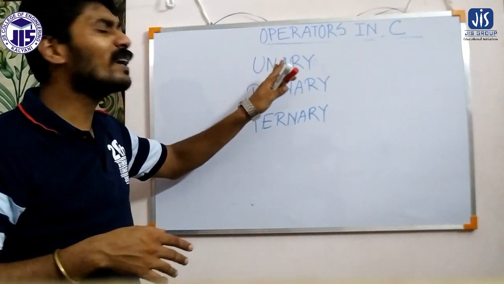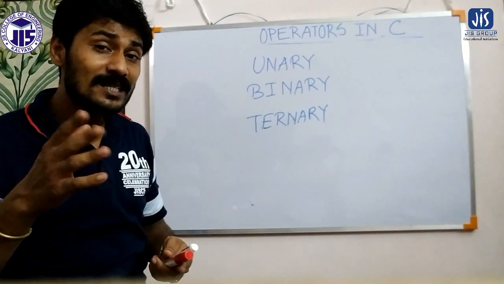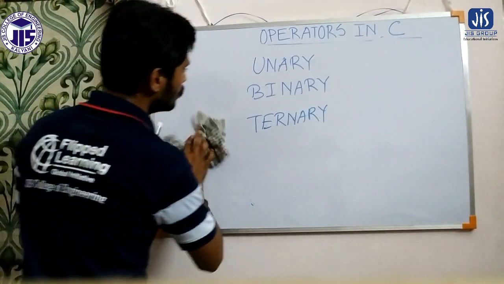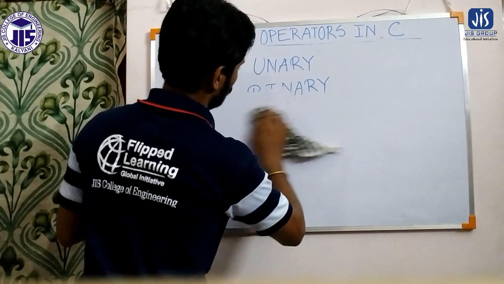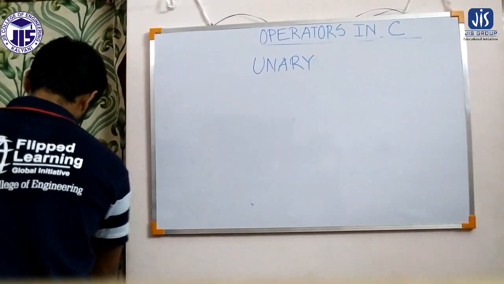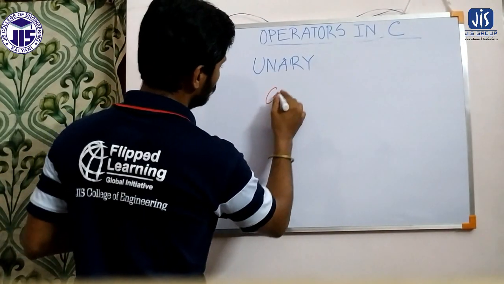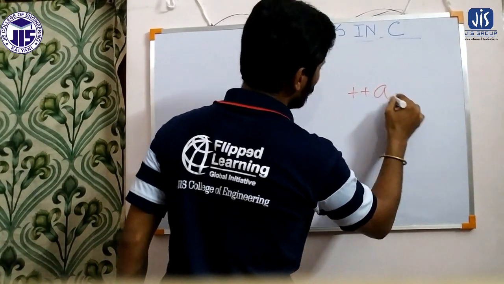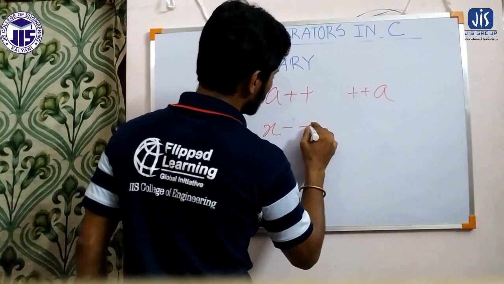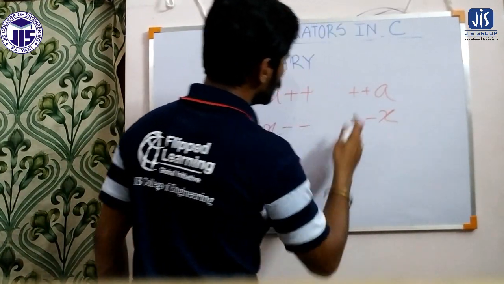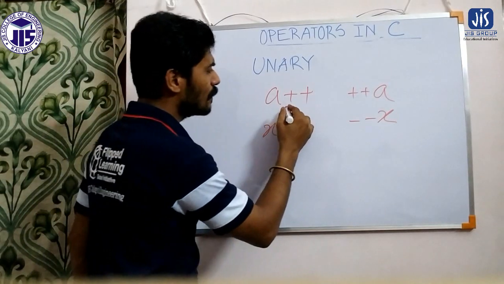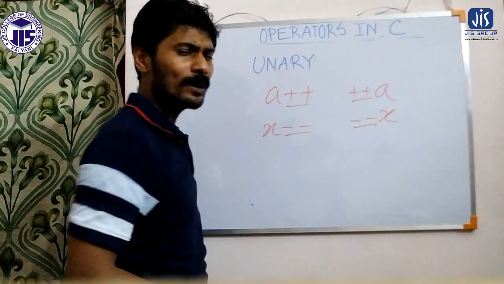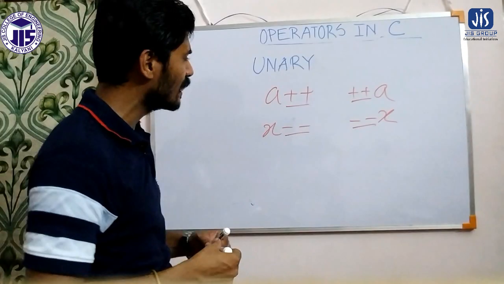Okay, so if I give an example of a unary operator, as we have discussed, increment or decrement, if I say a plus plus or plus plus a, or x minus minus or minus minus x, so here you can see this is pre or post increment, pre or post decrement, whatever increment or decrement operation is there that we are performing.